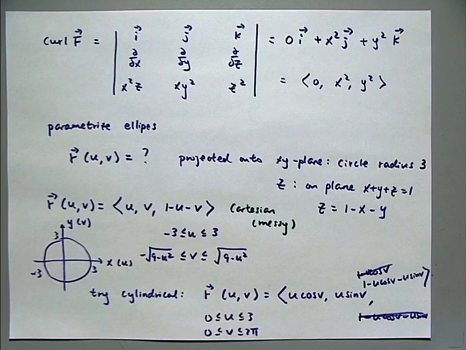Okay, let's find the partials. Ru, looking at the bottom right here: cosine v, sine v, and minus cosine v minus sine v.